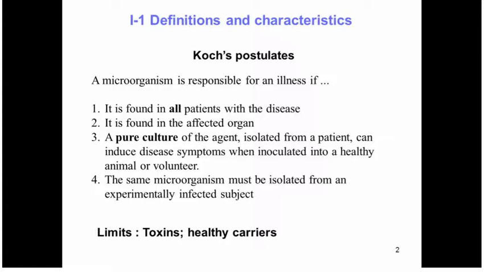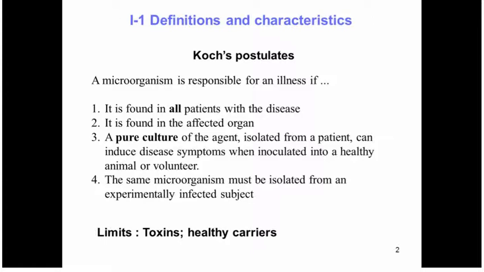Number 3 means that you have to be able to propagate the agent in culture. Not necessarily feasible. So Mycobacterium leprae cannot grow in a culture system, so you can't get it in pure culture. This is also true for some viruses. Human papillomavirus is very, very difficult to cultivate. Also true for hepatitis C and noroviruses for a long time.